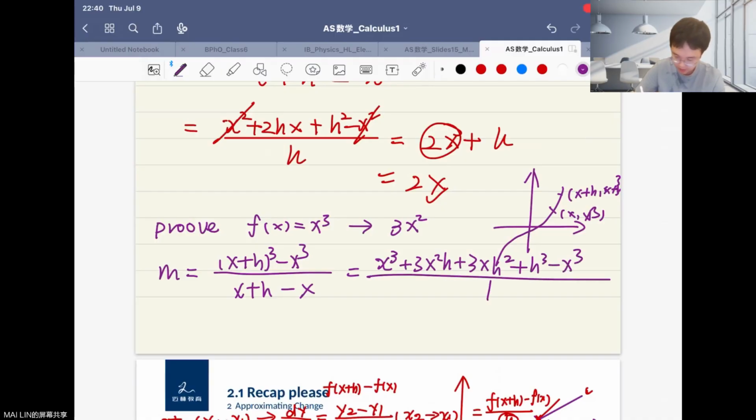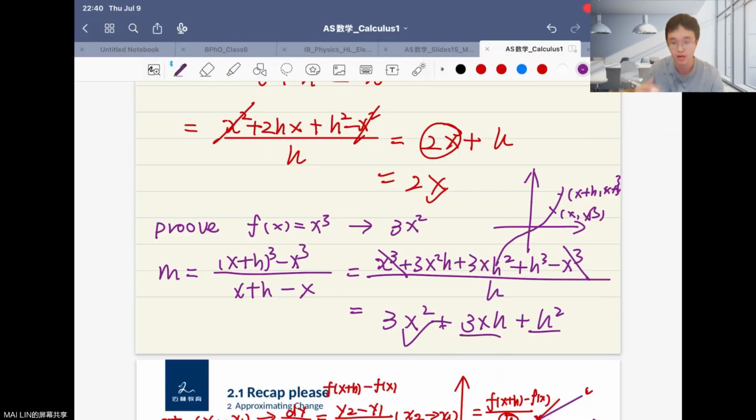The x cubed and x cubed cancel, and we are left with h in the denominator. Simplifying, we get 3x squared plus 3xh plus h squared. When h is very small, approximately 0, only 3x squared is left, because 3xh and h squared go to 0. So the differentiation of x cubed is 3x squared.